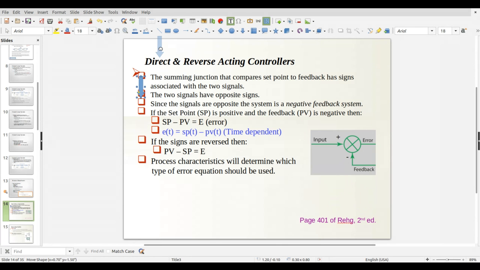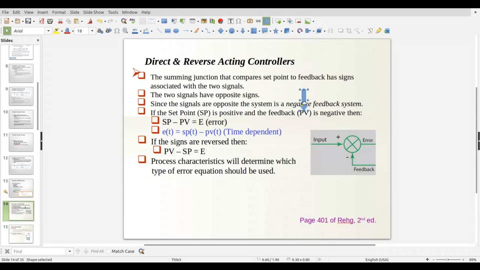However, we can do direct or reverse acting control. The difference is basically whether you take the set point minus the process variable. What they're calling the process variable here is your feedback, the humidity in the clothes dryer or whatever, that your sensor, your transducer, is reading and feeding back.